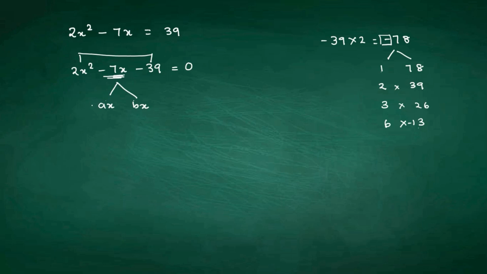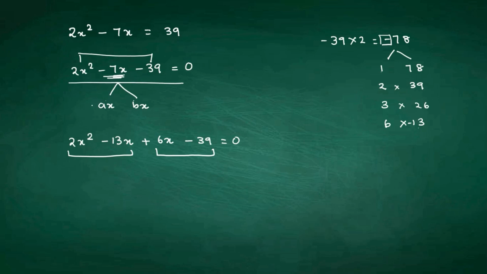So you can write this quadratic equation as 2x square minus 13x plus 6x minus 39 equals 0. So now taking this as one pair and this as one pair, I can take x common from the first. You will be left with 2x minus 13 plus you can take 3 common from this.